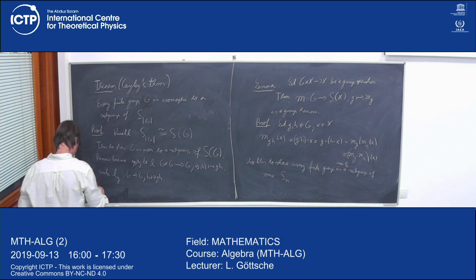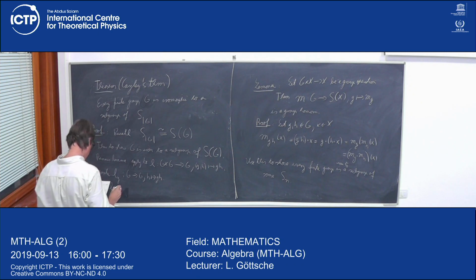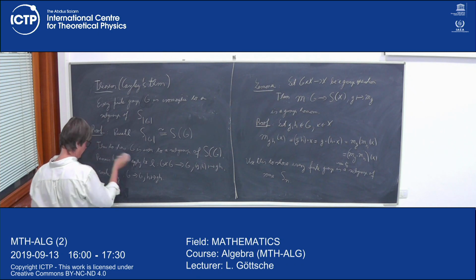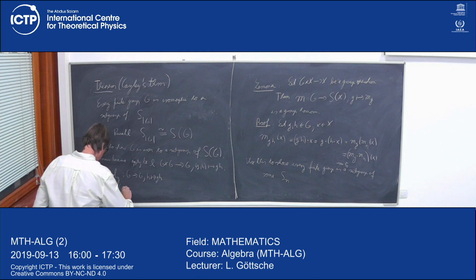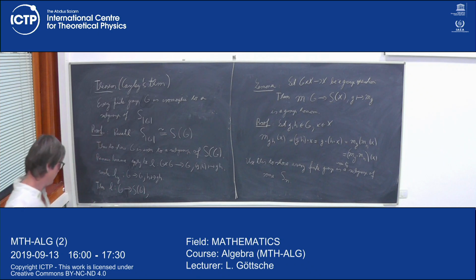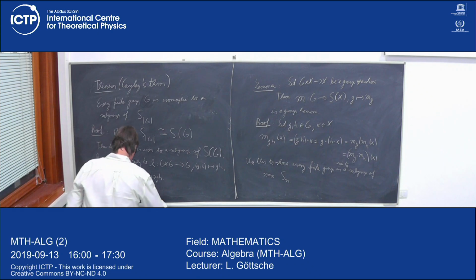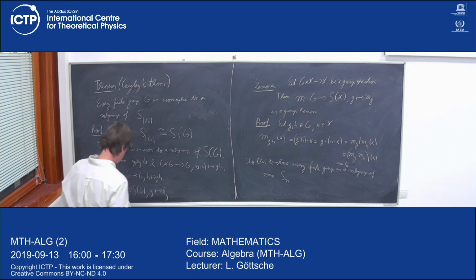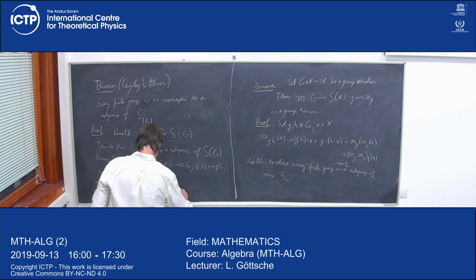So then we know that the map L from G to S(G), which sends g to L_g, is a group homomorphism.